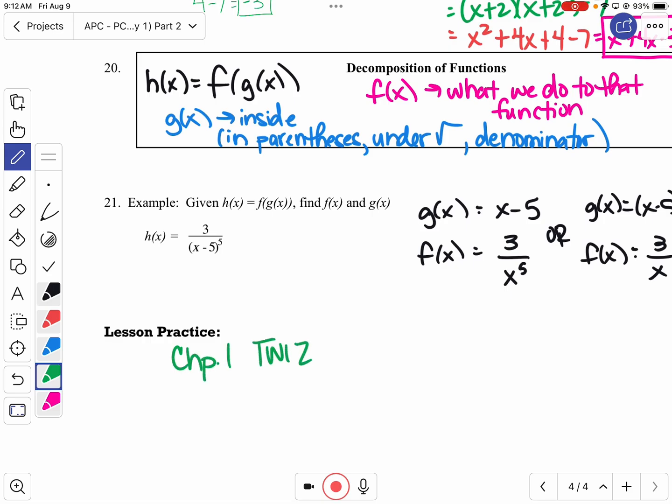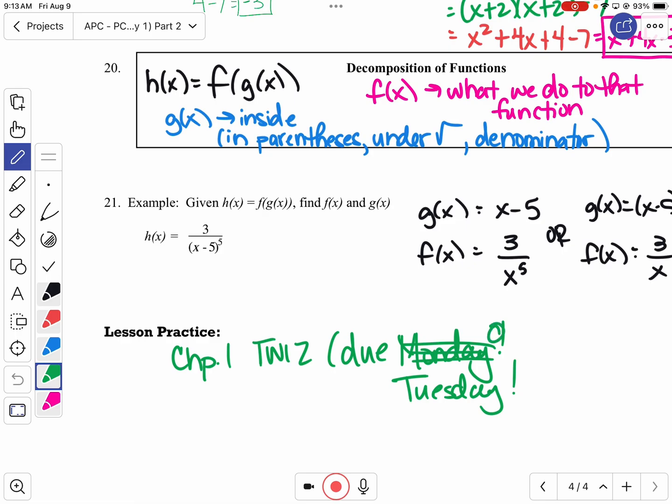On Monday, we're going to talk about all things trig, to kind of bring all of that back up to the forefront of your brain, okay? So just to give you some ideas, I would start working on it. There may be some things in there that you can't remember, and that's okay. Just try, all right? Just try.